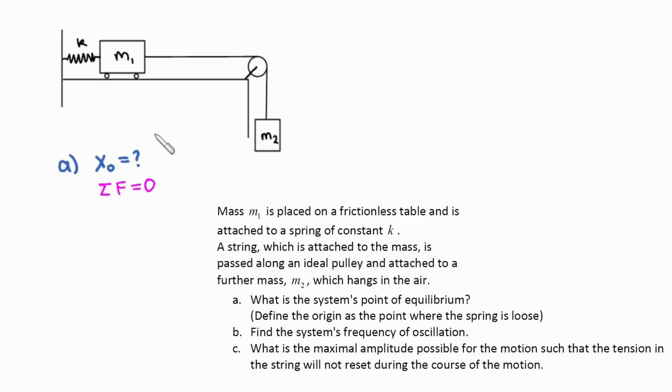Let's draw our force diagram. We can say that this is the positive x direction. In our rope, we're going to have tension going in this direction, and in the other direction we have the force from our spring, which I'm going to call Fk.